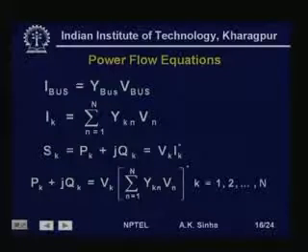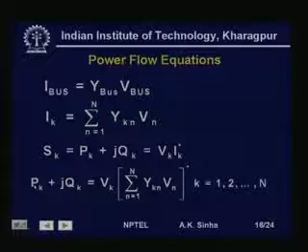Now, we can write the complex power injection into bus k, S k is equal to P k plus j q k, and this is equal to V k into I k conjugate. Now, I k conjugate we can write from here will be the conjugate of this.